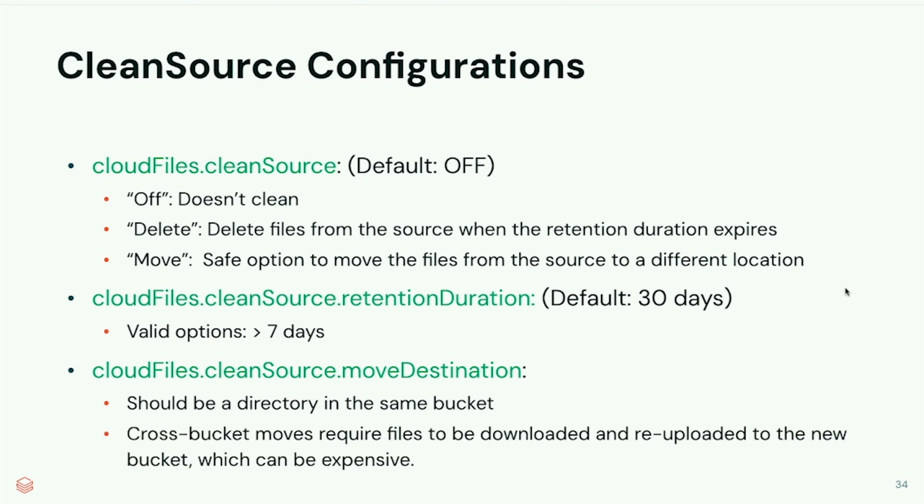One thing to note is that if your move location is not in the same bucket as your source, then it can result in actually downloading the files and then copying them to the new location. That can be inefficient, so the move location ideally should be in the same bucket.